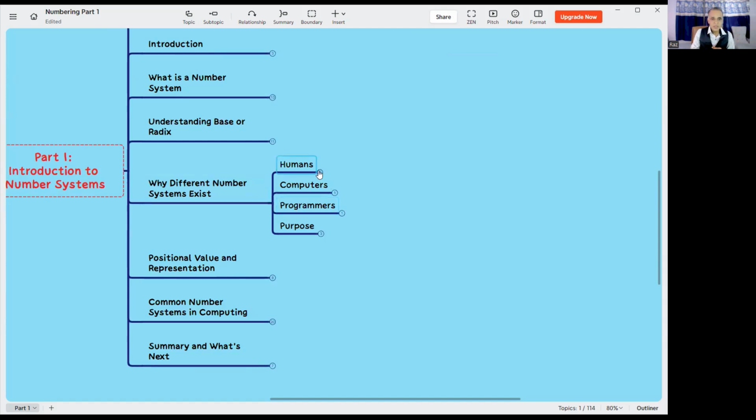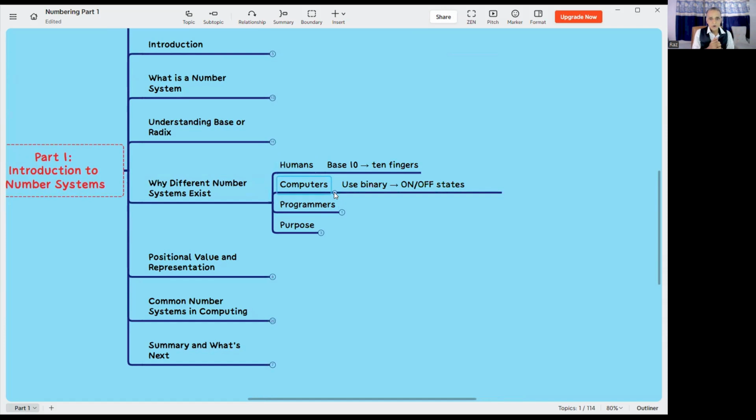That's how humans are connected with the decimal system. For computers, a computer is made up of on-off switches, and those bits become bytes and kilobytes and everything. So there it's all about binary, zeros and ones. Computers have binary numbers.